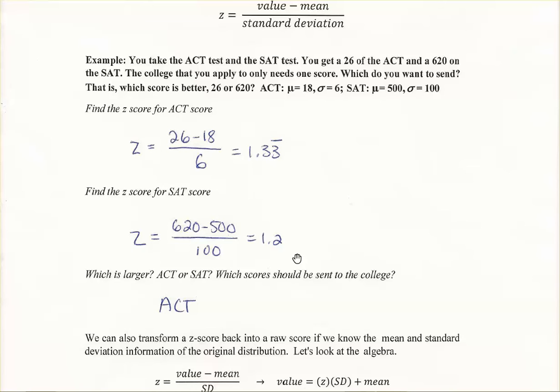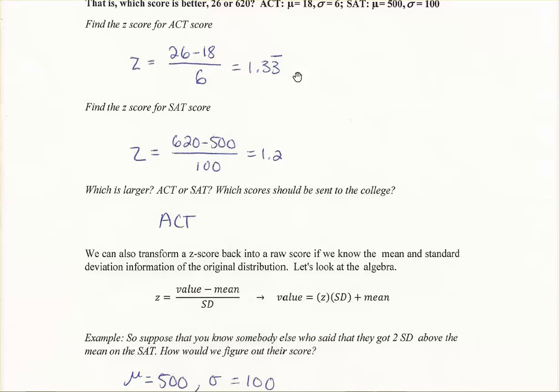So remember, these are standardized scores, so what we've done is standardize these two scores so we can now compare them. Which one of these is higher? So which one would you want to send? Well, the ACT of 26 is actually higher than the SAT score of 620 when you standardize them. So you would want to send your ACT score.